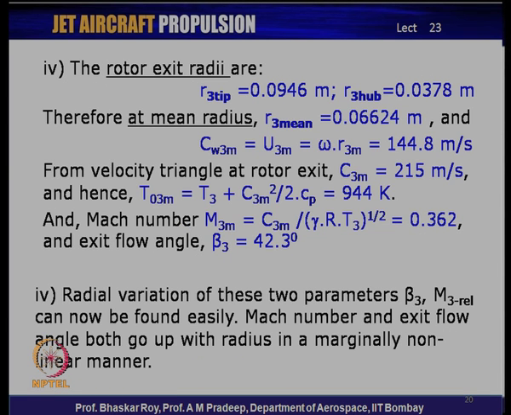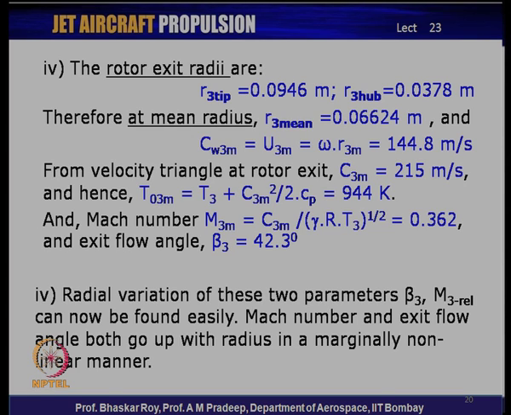At the rotor exit area, if we find the radius using the area that we have found, we get, using 0.4 as the ratio, tip radius to be 0.0946 meters and hub radius to be 0.378 meters.